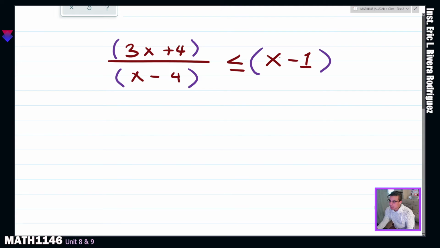Because now we want to have the right side equal to 0 and x minus 1 on the left side. Okay? So what we are going to do, in order to do that, is subtract both sides by x minus 1 completely.